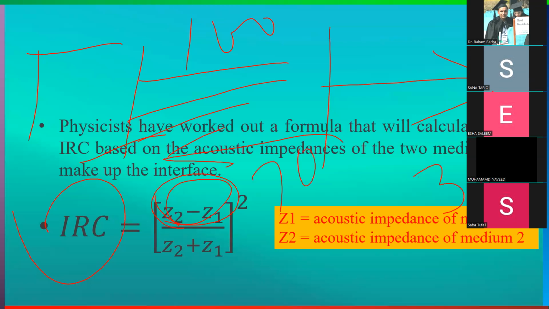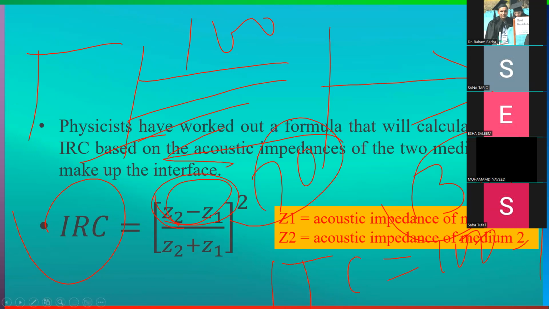Here you can see the intensity reflection coefficient is now 70%, and the intensity transmission coefficient is now 30%, right? So the ITC, which is called intensity transmission coefficient, is equal to 100% minus IRC. And this is the formula of ITC: 100% minus IRC.